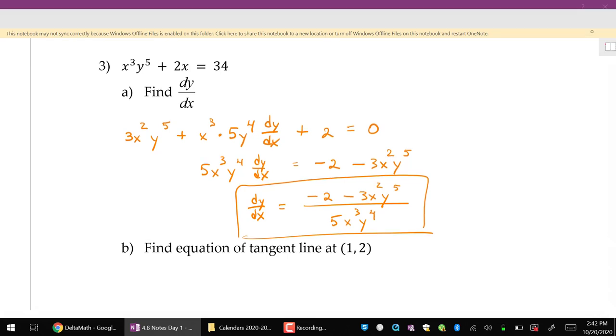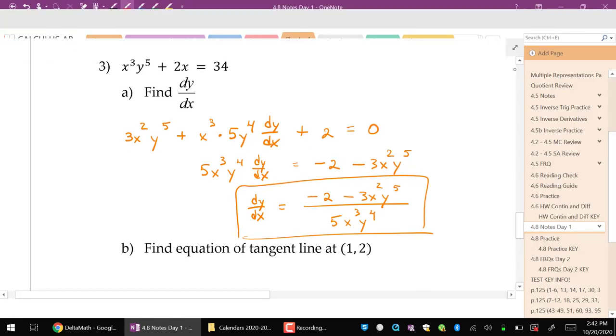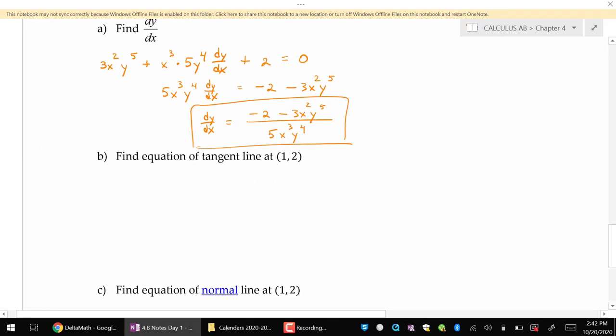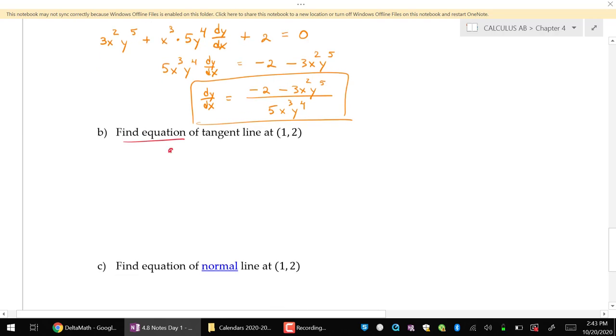So now let's put this into action here. We've done all these different implicit differentiation formulas. Let's look at part B and part C to wrap up this lesson today. Find the equation of the tangent line at 1, 2. Whenever we're asked to find the equation of a tangent line, we always need 2 things.